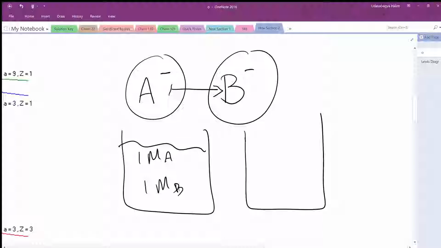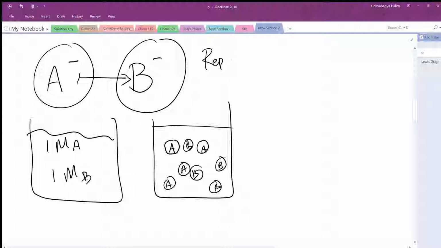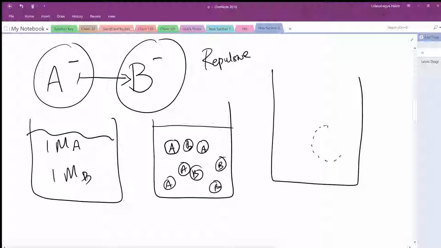If you actually look at them in solution, if you find out where A is located, if they're completely random, they're just going to be randomly distributed. Sometimes it's going to be close, sometimes far. But because A and B are repulsive in nature, you'll find, for example, that A is going to be just a little bit further away than where B is located, just because they have a natural repulsion.